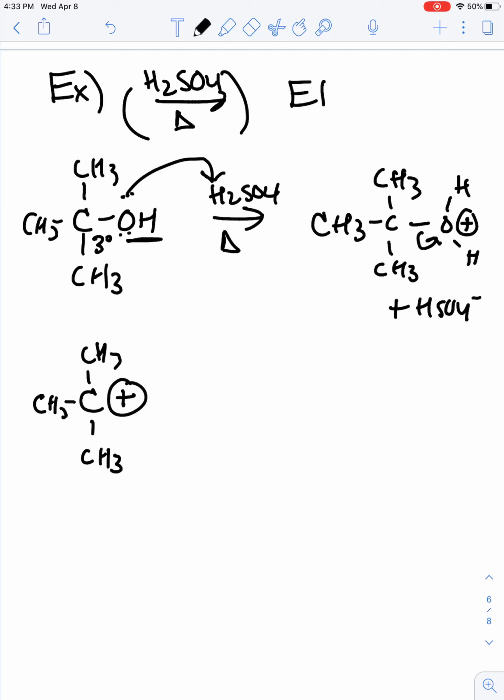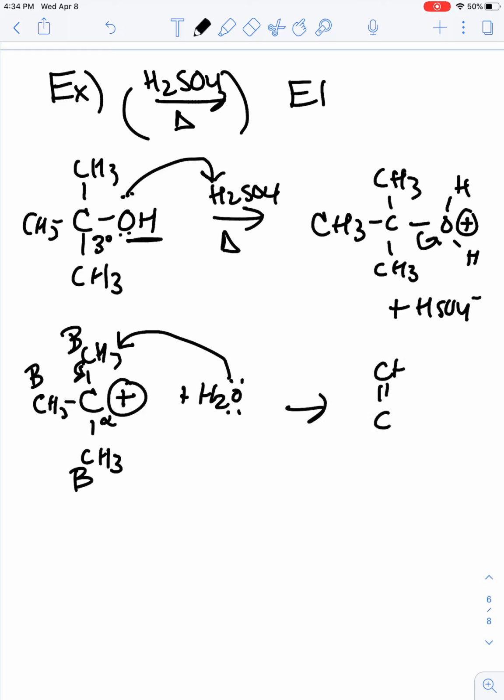After the formation of our carbocation, we have to think, okay, this is our alpha. We have beta, beta, beta. So really all of the products are going to be the same. And water is going to act as a weak base, and this is going to help to eliminate that proton.